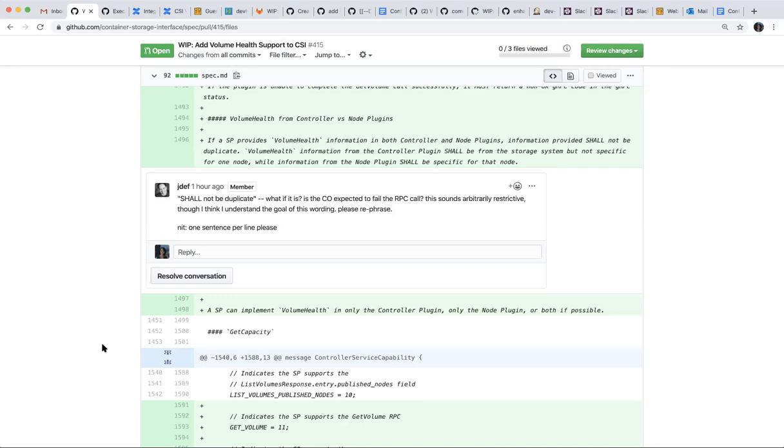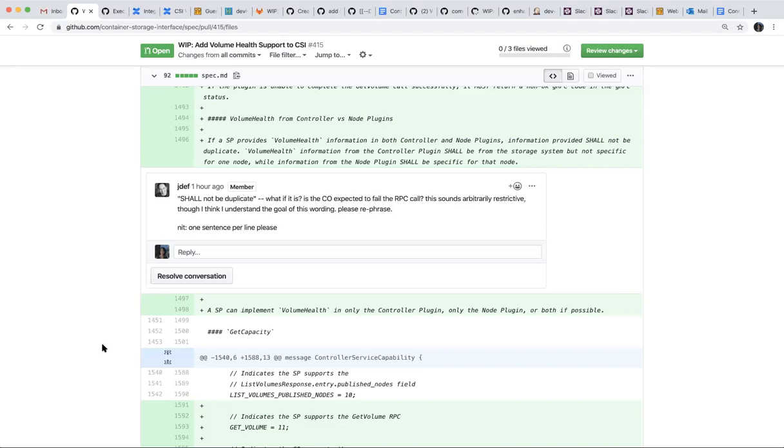Then once the CO calls that, it launches a pod on the relevant node, gets the volume status irrespective of whether the volume is mounted or not, gets the reliable information from that node, and then surfaces that back to the controller plugin, and then the controller plugin tells the CO about that volume health information, so that you don't rely on the fact that the volume has been mounted to get the stats. You rely on the controller service to do this. If I were the one implementing this, I would probably do this versus doing that in the node plugin.